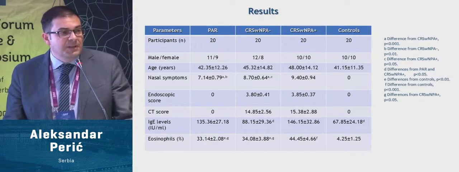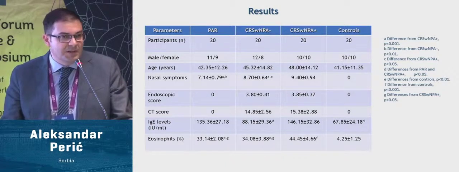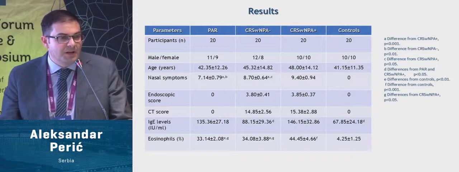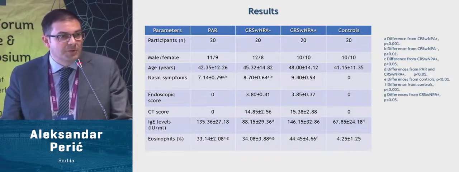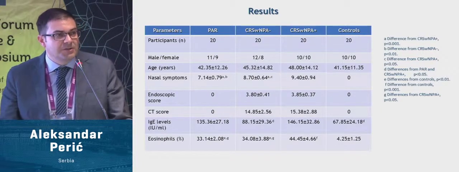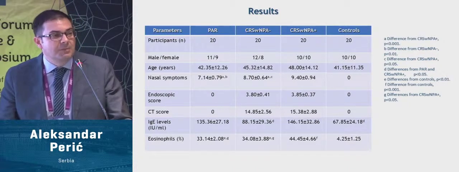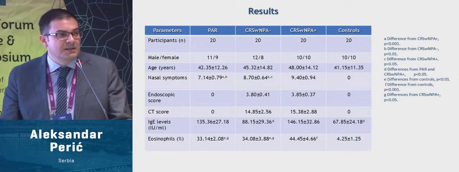We found significantly higher total serum IgE levels in allergic patients with nasal polyposis and patients with perennial allergic rhinitis than in non-allergic nasal polyp patients and subjects with healthy nasal mucosa. And finally, we found significantly higher eosinophil counts in the nasal mucosa of allergic patients with nasal polyposis than in non-allergic nasal polyp patients and patients with perennial allergic rhinitis, and especially than in the subjects with healthy nasal mucosa or controls.